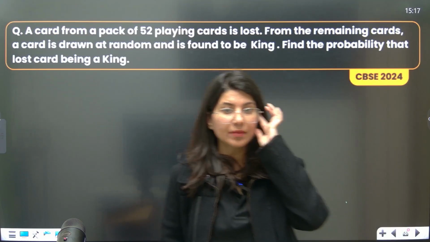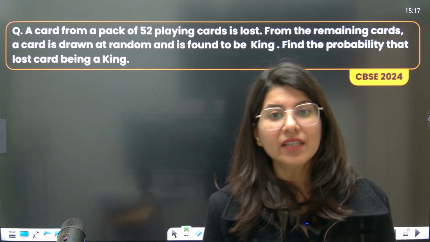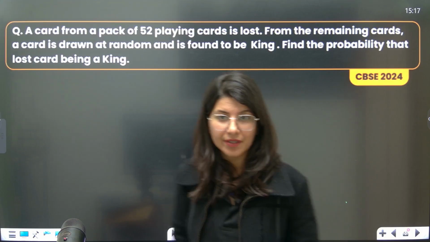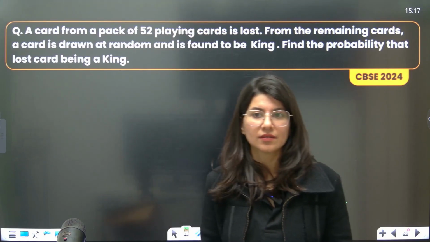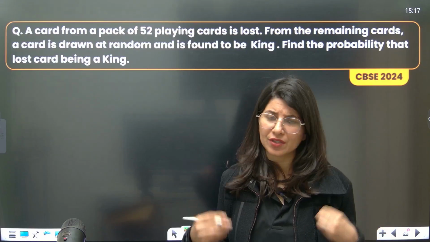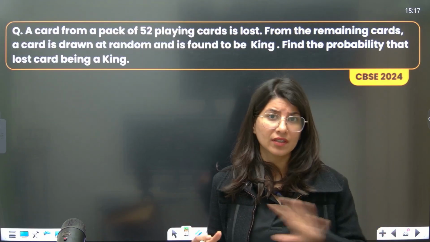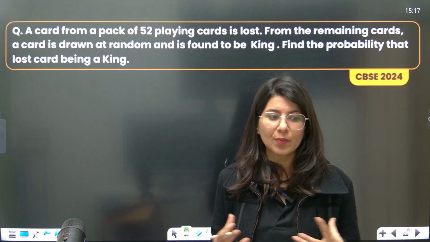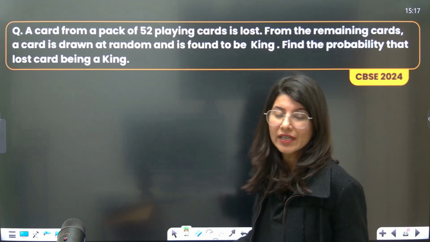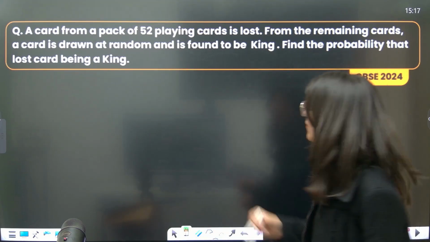Now, another question. Another question from Bayes theorem, correct? A card from a pack of 52 playing cards is lost. CBSE 2024, very good question, very popular question. 4 times, 5 times you should do it. Learn how to practice it and present it. From the remaining cards, a card is drawn at random and found to be a king.